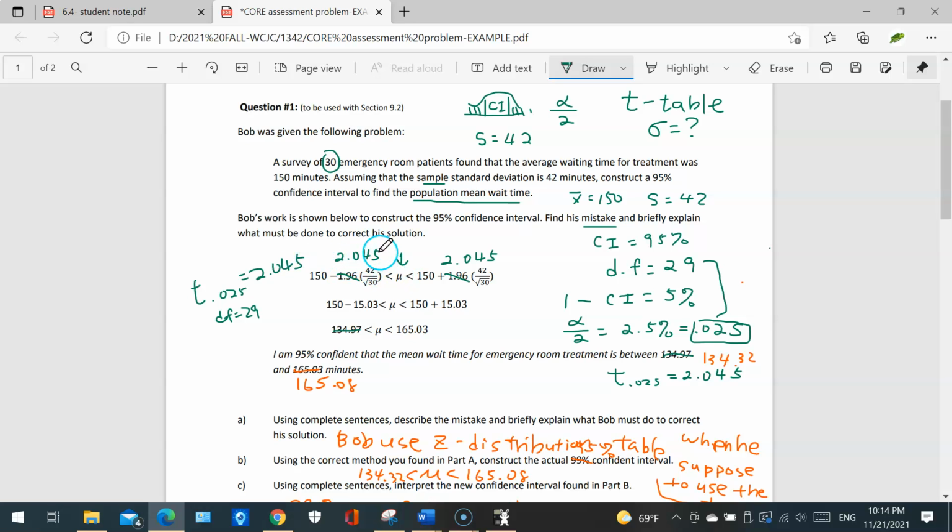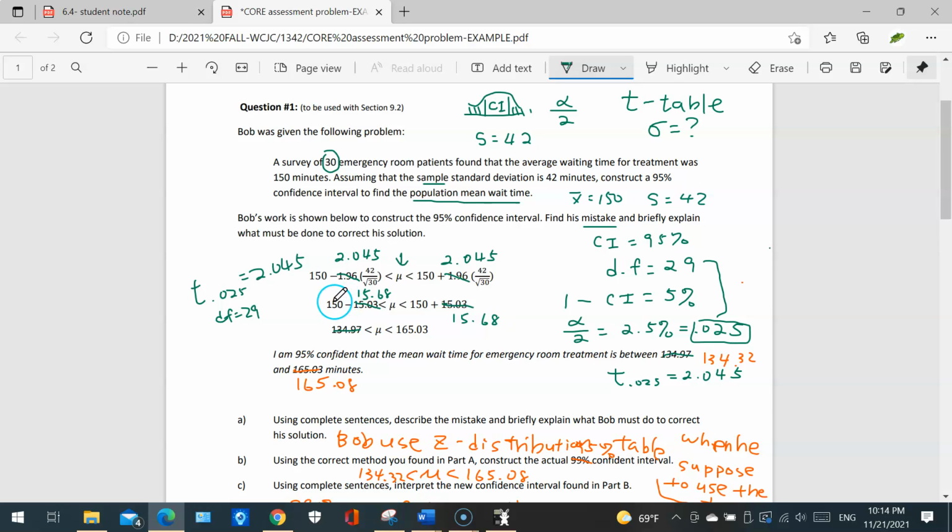And then you multiply 2.045 with the 42, the standard deviation of the sample, divided by the square root of n. Multiplying and dividing, the number I have here is 15.68.